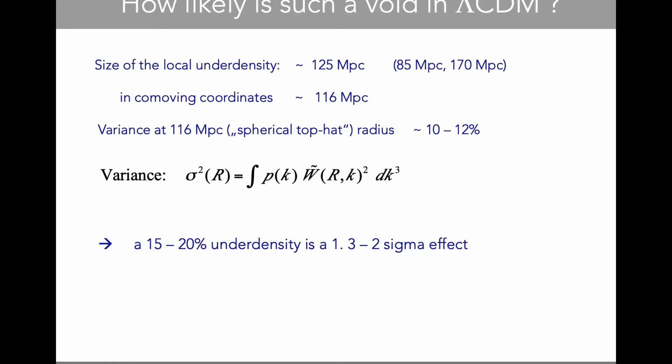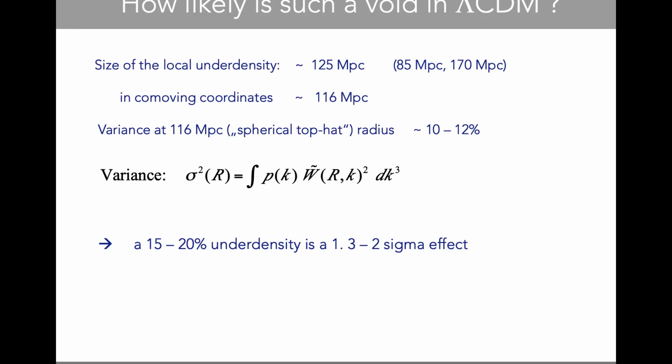The next question is, how likely is such an underdensity? You can just do standard structure formation theory, and you can calculate the variance of the dark matter as a function of the scale, and you can calculate from this variance how probable it is to see an underdensity of about 15–20% that we see.